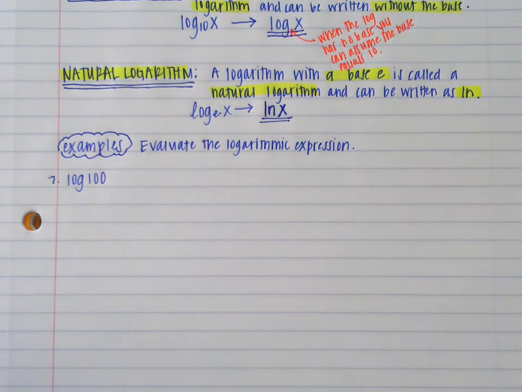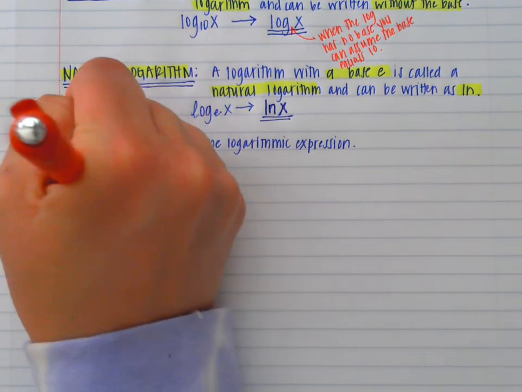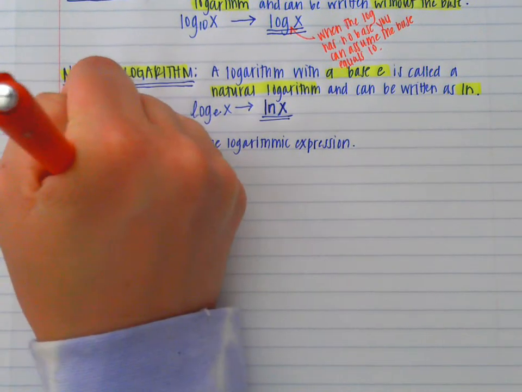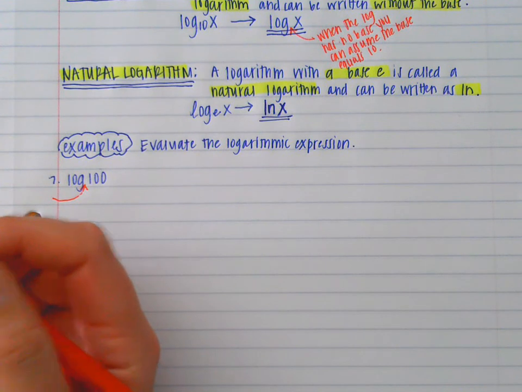So first things first, what is the base here? Do we see a base? No. So what base can we assume that the base equals? And again, when there is no base, we can assume that the base equals 10.